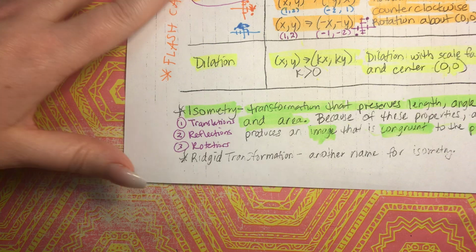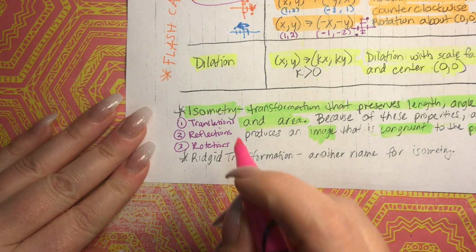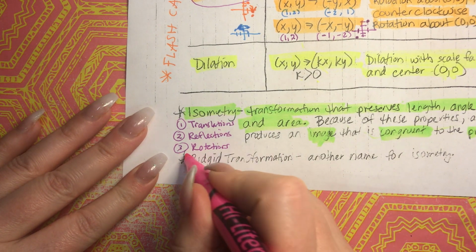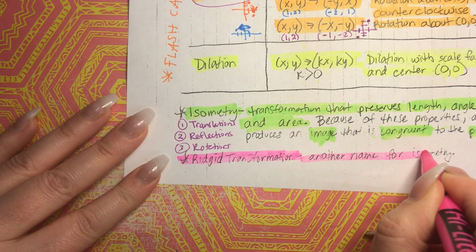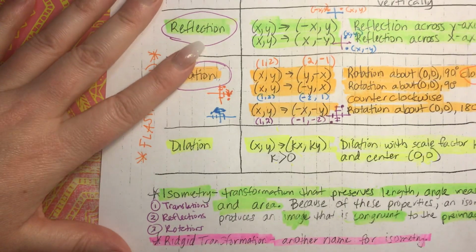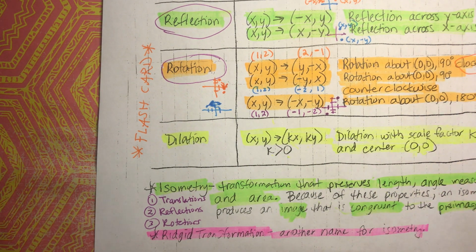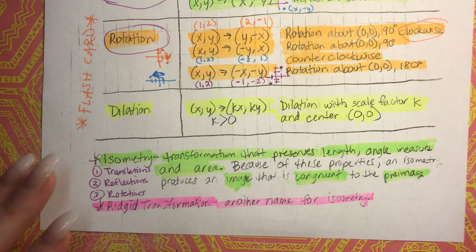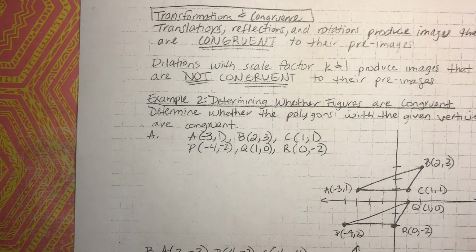Okay. Another vocabulary term, a rigid transformation, is just another name for an isometry. A rigid transformation, another name for isometry, is basically a transformation that preserves length, angle measure, and area. Okay, the pre-image and the image are congruent to each other. All right, let's look at some problems on how this is all worked out.